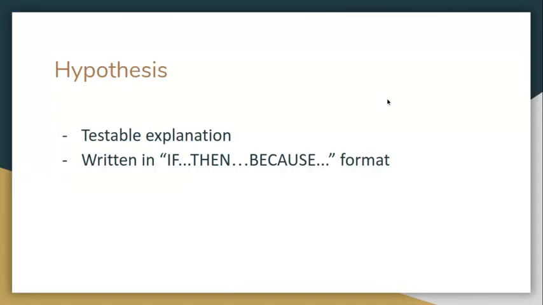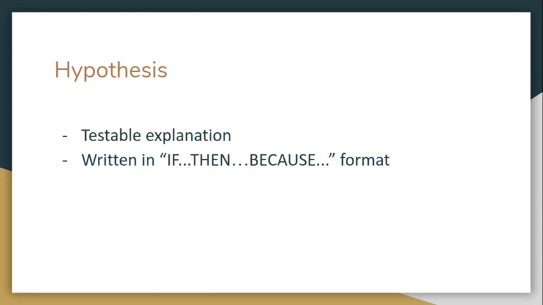So it's a testable explanation. All right? So we're getting a little bit bigger and older and more specific in our definition. And it's usually written in an if, then, because format. So if I go to sleep at 2 a.m., then I won't wake up in time to get to work at 7 because I'll have not slept enough.